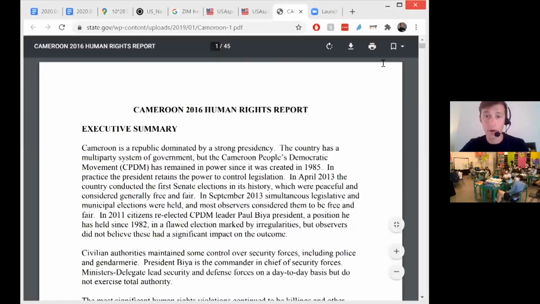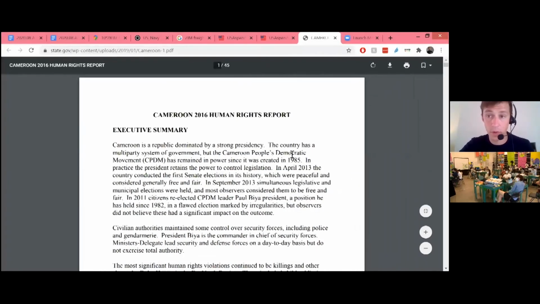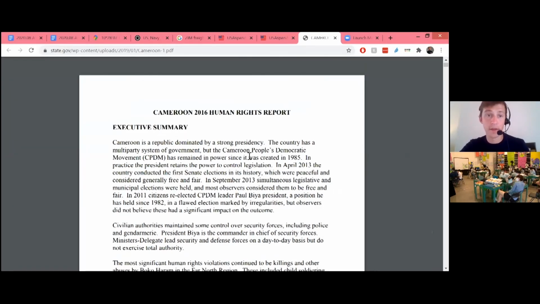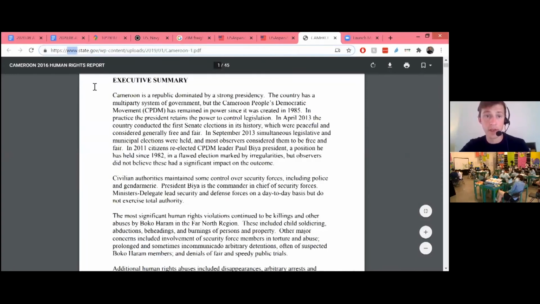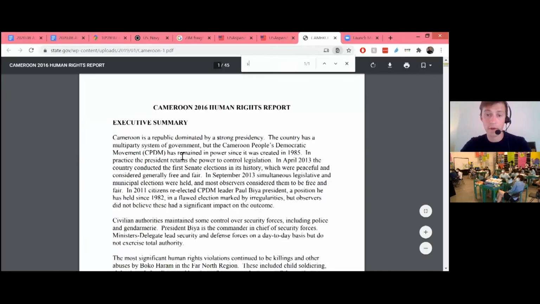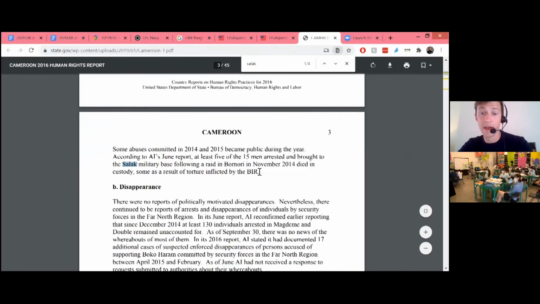was that in 2016, a long time before some of the material that we're working with here, 2018, 2019, the US government used a human rights report, a sort of draft executive summary for itself, in which it describes that there have been documented cases of torture at the Salak military base, as well as in other locations.